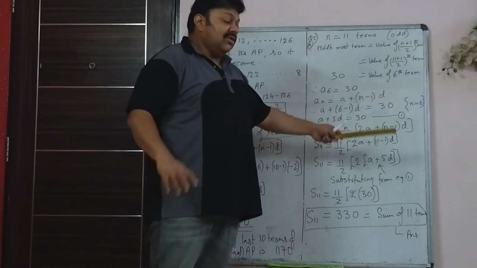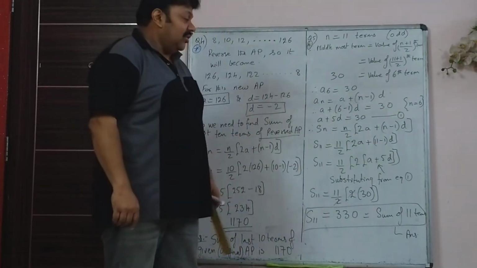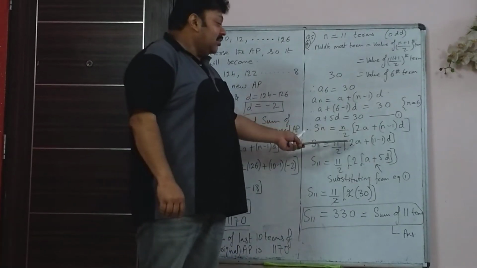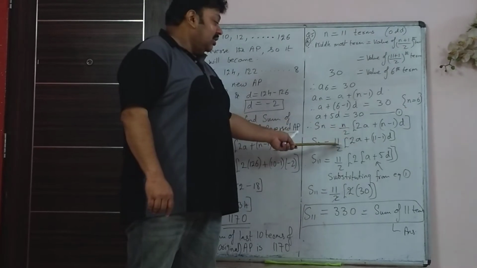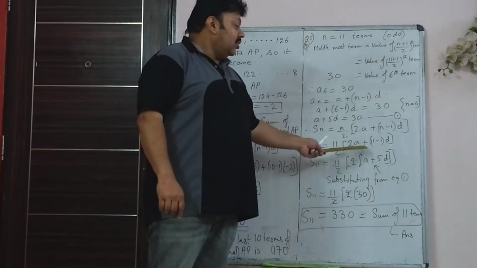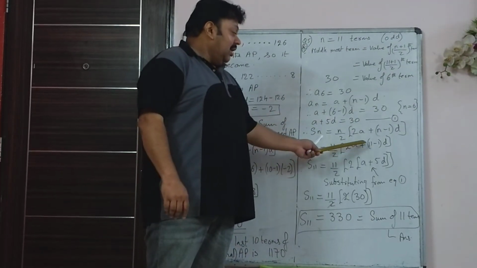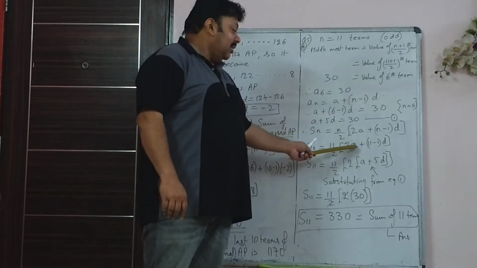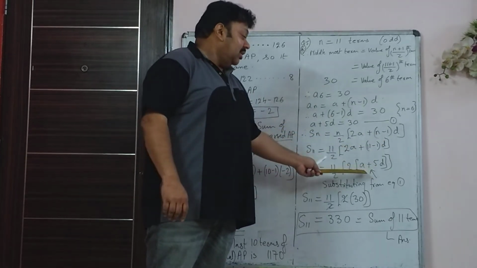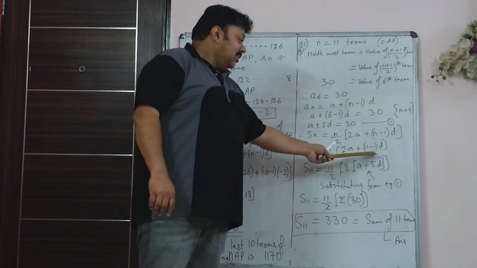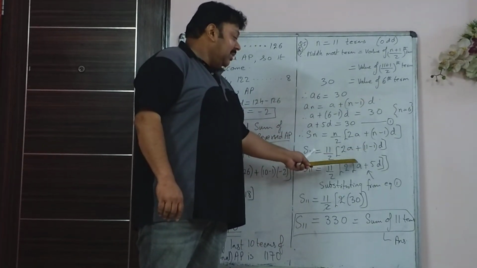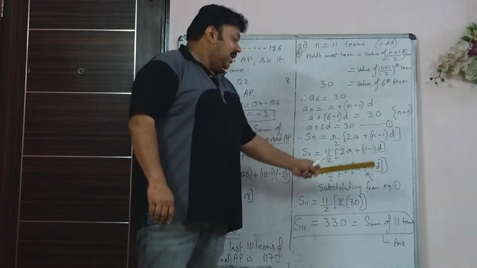So for the second equation, you write Sn is n by 2, (2a plus (n minus 1)d). So 11 terms, so n is 11. A and d you don't know, so leave them as they are: 2a plus (11 minus 1)d. If you take 2 common out from these two terms, it becomes a plus 5d.